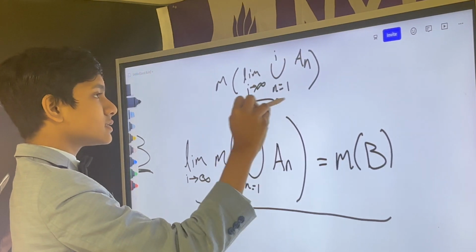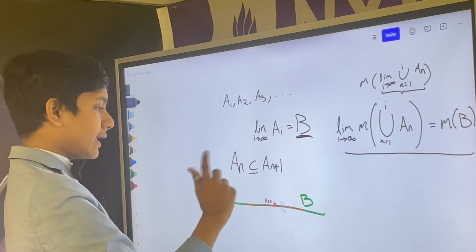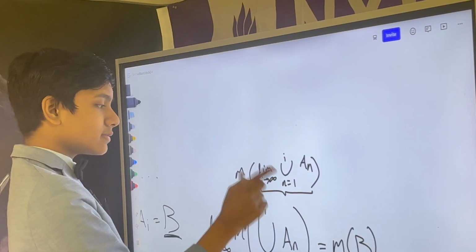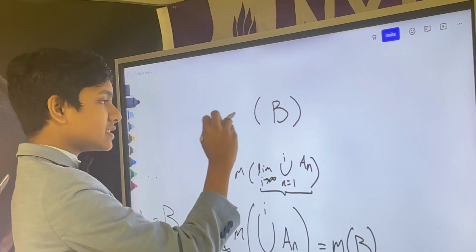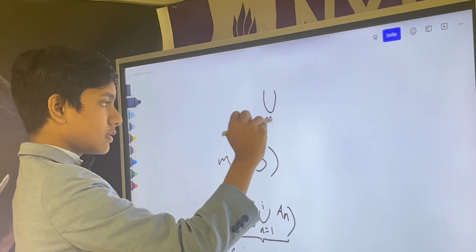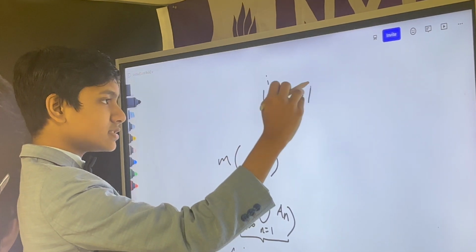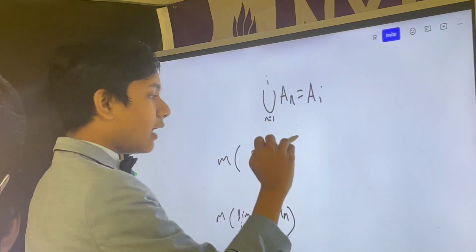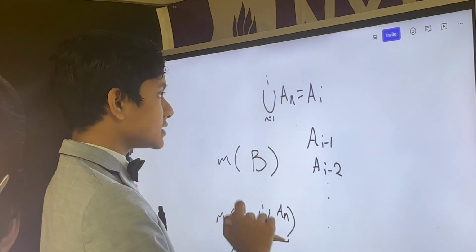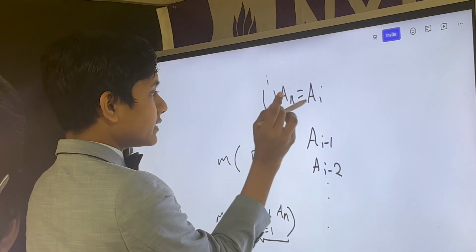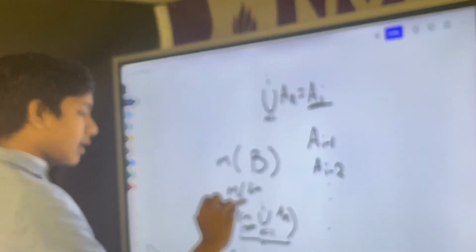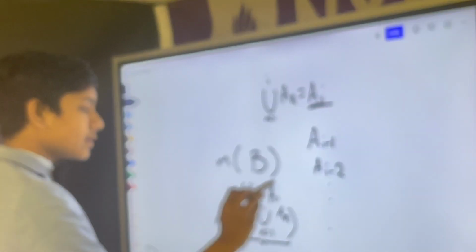And of course, since A_n is a subset of A_(n+1), the limit set of their union is just B, because this union should just be equal to A_i. A_i contains A_(i-1), A_(i-2), and every other set in the union. So that union should naturally be equal to A_i. So this should be the measure of the limit as i approaches infinity of A_i, which is B.